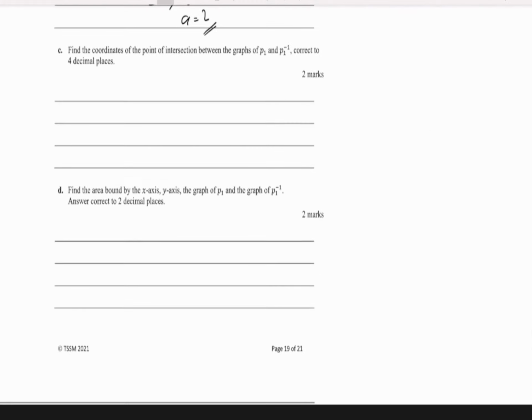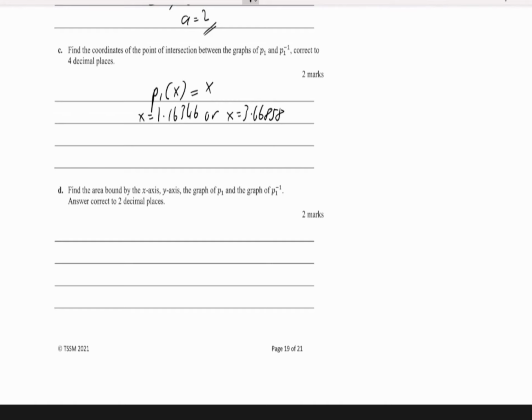Part C. Something we have to remember here is that a function and its inverse always intersect at y equals x. So instead of trying to find the inverse function, because it's going to be really hard, you just equate this to x. And once you solve that, you get x equals 1.16346 or x equals 3.66858.